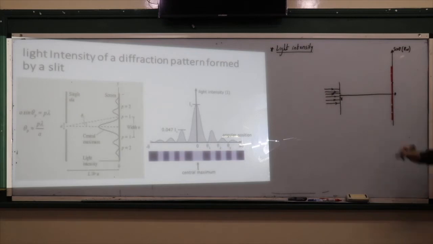This is the first dark. K is equal to 1. Okay, and its abscissa is lambda over A.